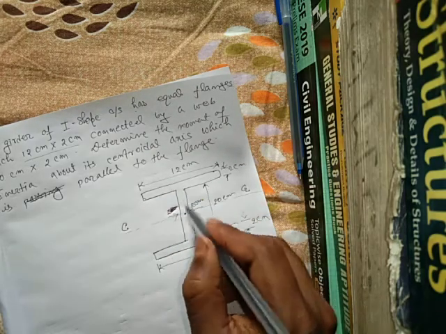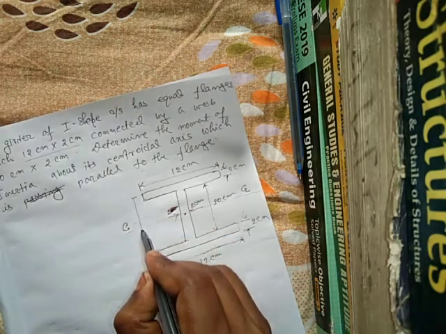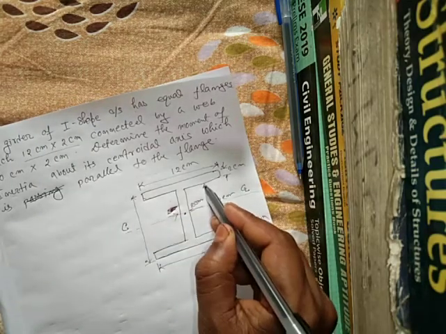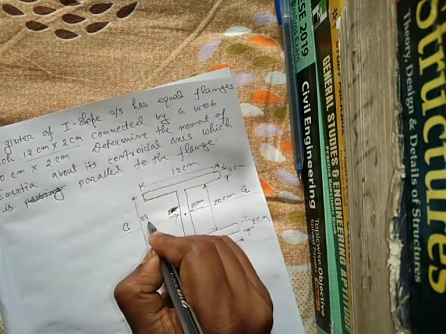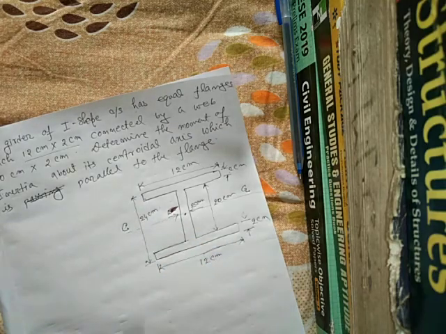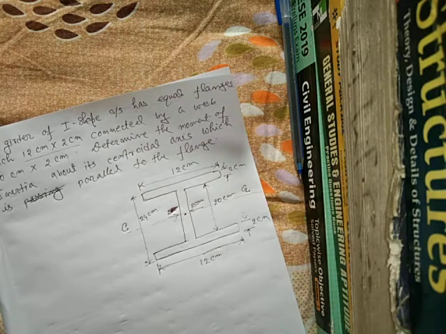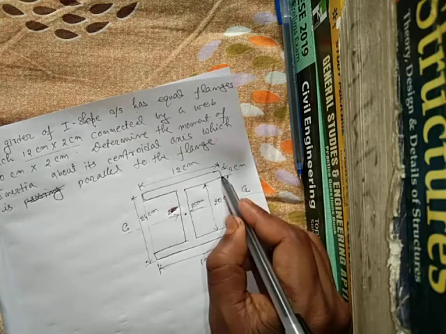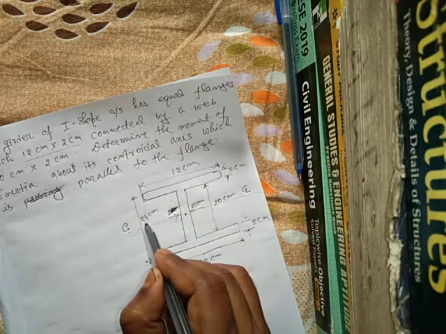The total height of the whole section is 20 plus 2 plus 2 equals 24 centimeter, and the total width is 12 centimeter. Now we can consider the whole rectangle of size 24 by 12.